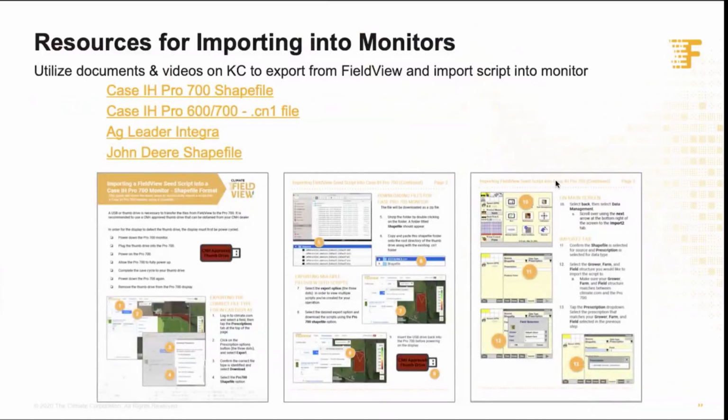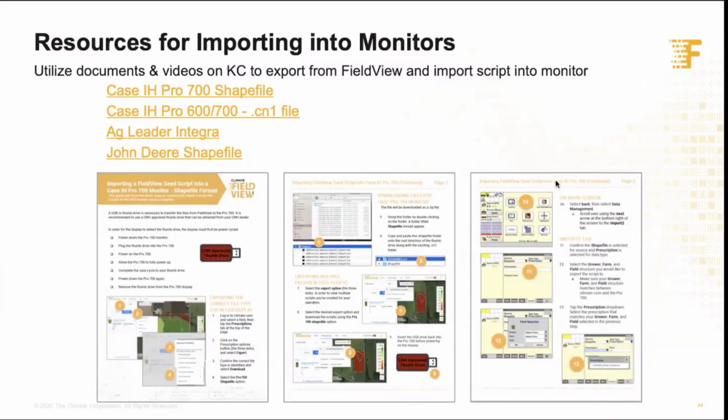So we have a website. Part of our website is support.climate.com, and there are resources there. One of the things that we have most recently added are some videos and step-through guides for getting a FieldView Seed script into your monitor so you can execute that script.